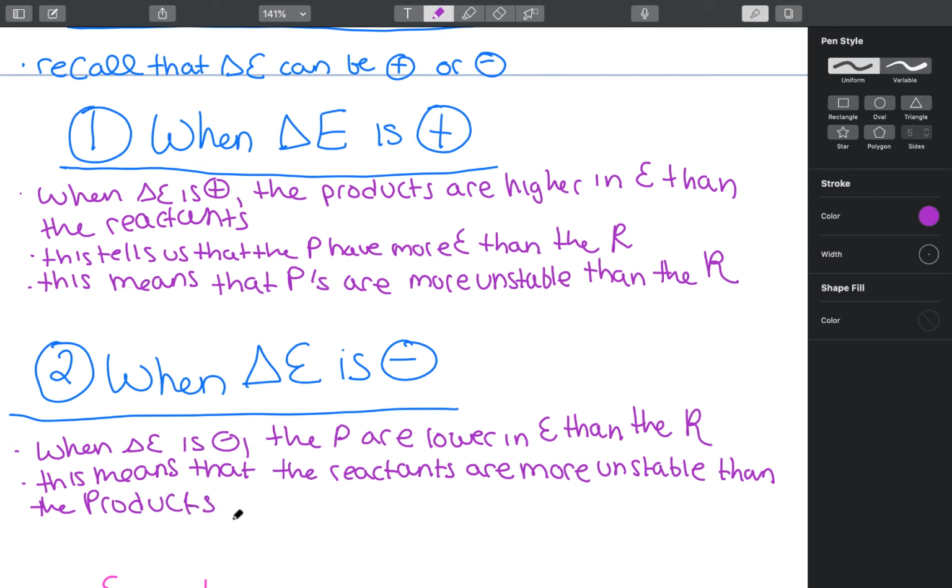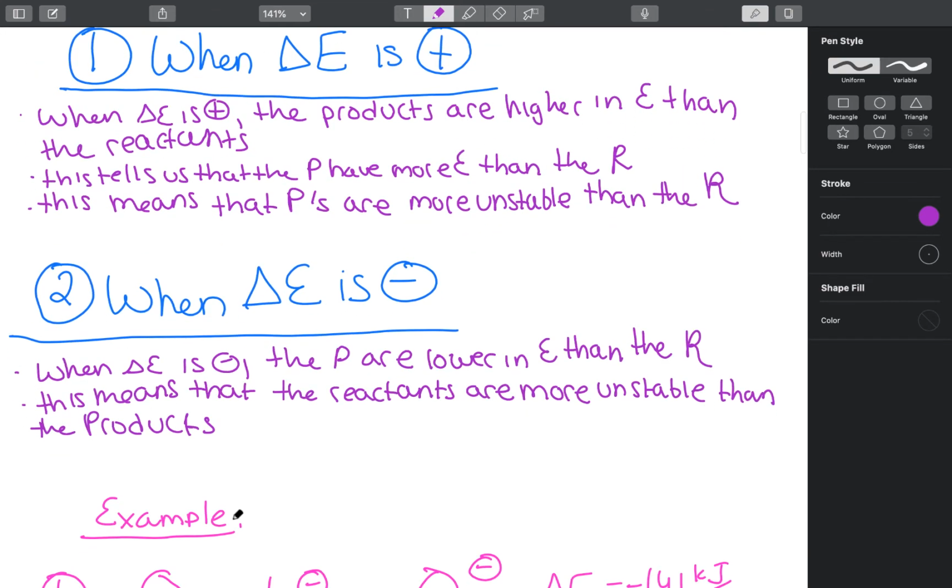So when your delta E is negative, this tells us that the reactants are higher in energy than the products. Therefore, the products are more stable than the reactants. This means that the reaction will want to move forward.